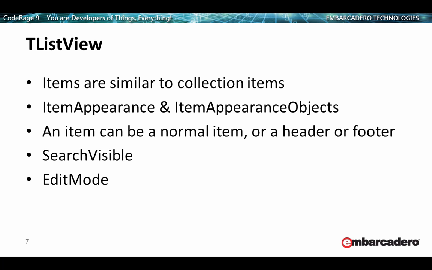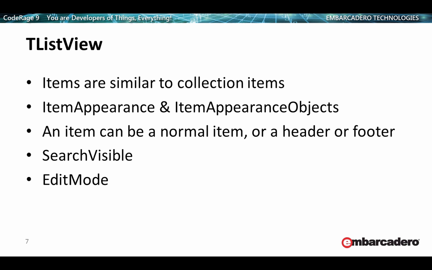With that said, I like to consider the items as more like collection items. So if you've ever worked with collections, it's a way to have a list of things that are all the same type. Now you can have some variances because each type item can have properties associated with it, but that's really what we have.